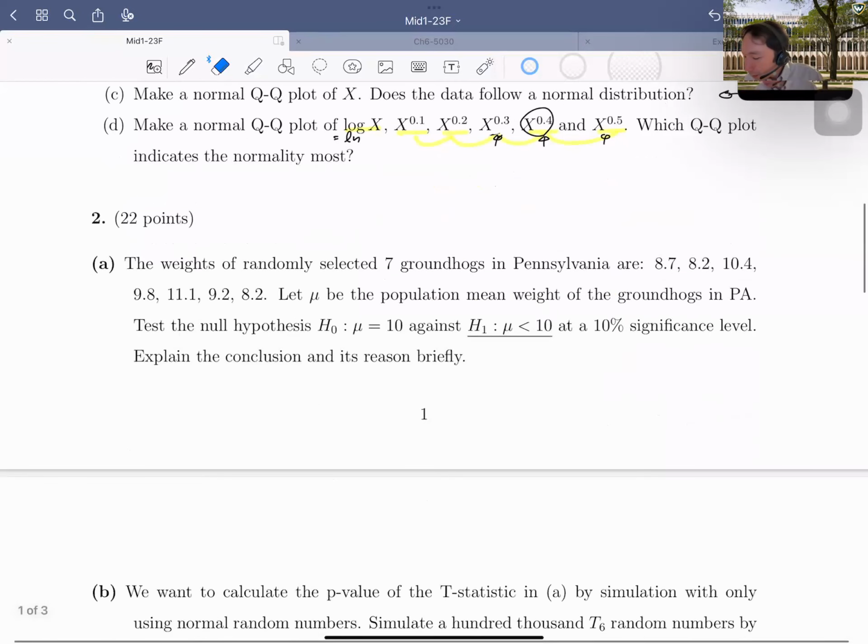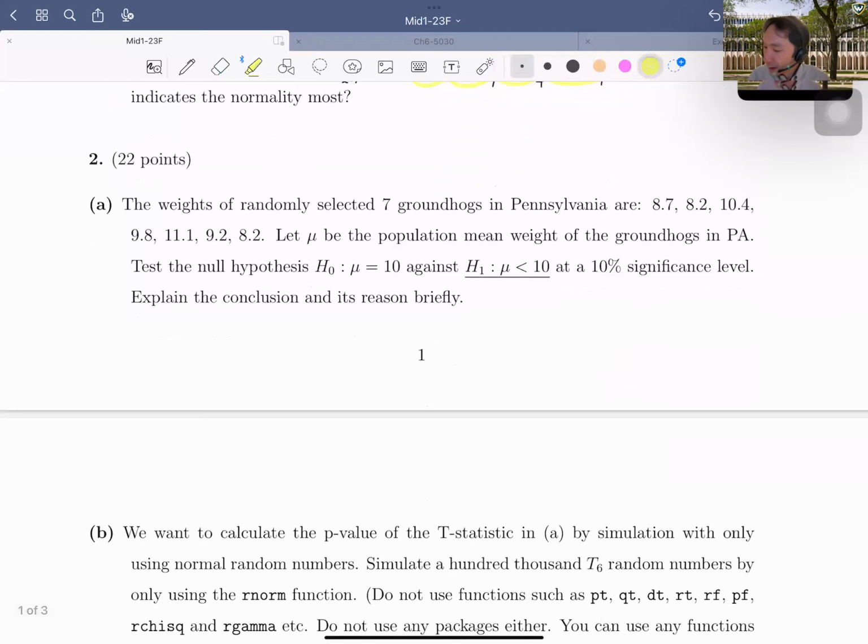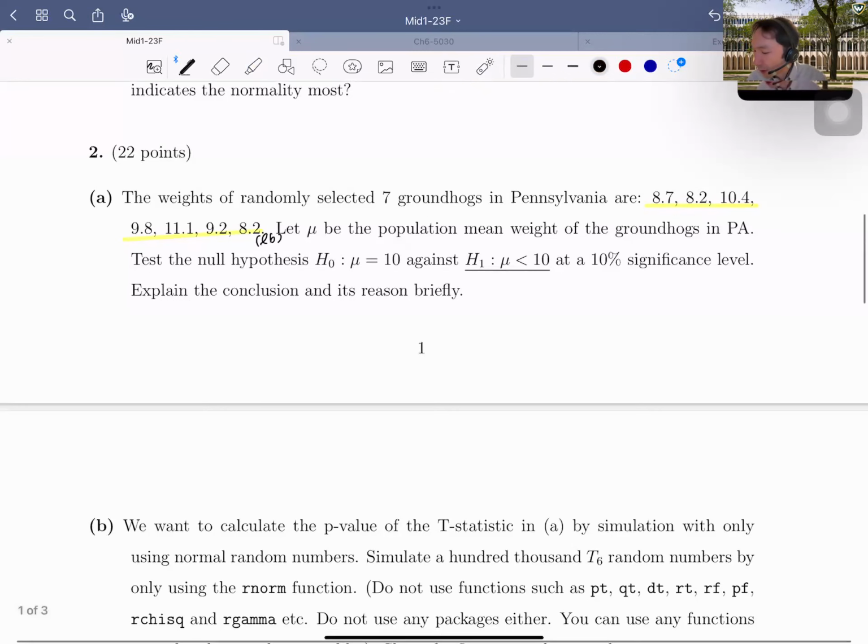Question 2: we have 7 observations. The weights of 7 randomly selected groundhogs in Pennsylvania are these, in pounds. Maybe it doesn't have the unit, but it's pounds. Let mu be the population mean weight of the groundhogs in Pennsylvania.